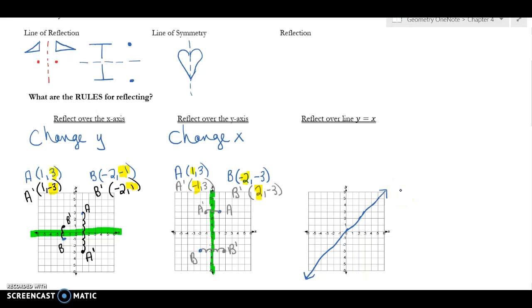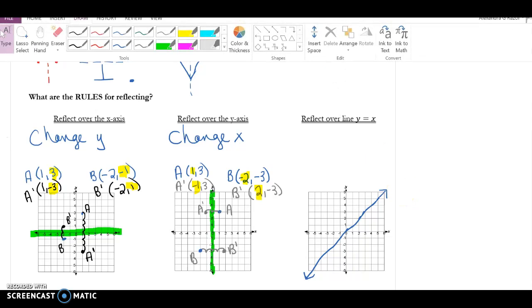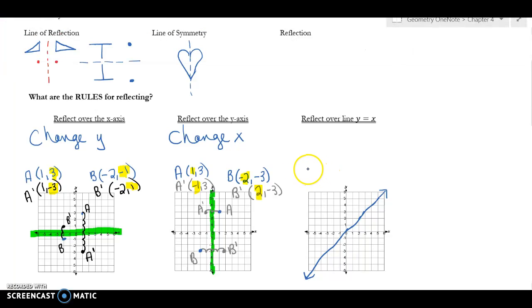Sorry, it's kind of crooked, so it's hard to draw this. Okay, so let's do these same points. A is 1, 3. Remember to write the A this time. And B is -2, -1.